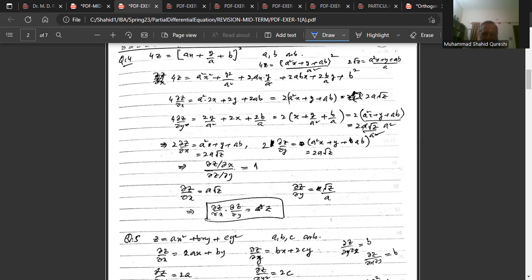Once you have simplified this form, you take the derivative of z with respect to x, and the derivative of z with respect to y, and convert the right hand side, where you take the derivative with respect to x and with respect to y, to be as simple as possible.